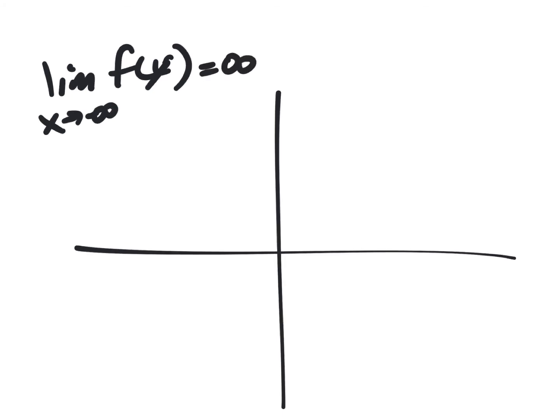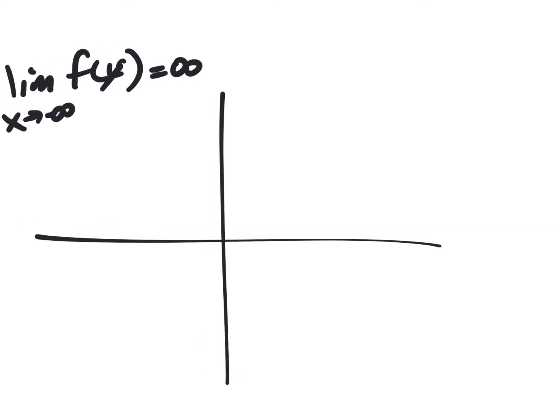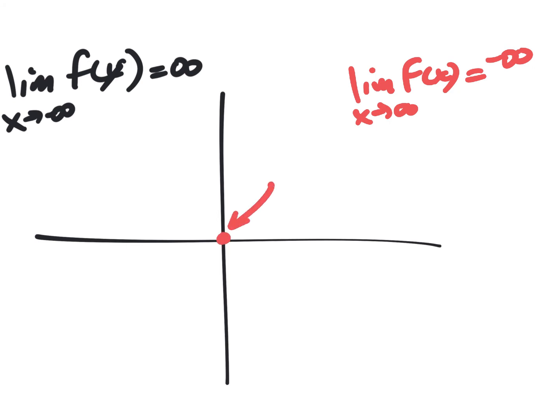On the other end, on the right side, the limit of the function as x approaches regular infinity equals negative infinity. Would you draw a graph that goes through the origin and has those 2 limits?